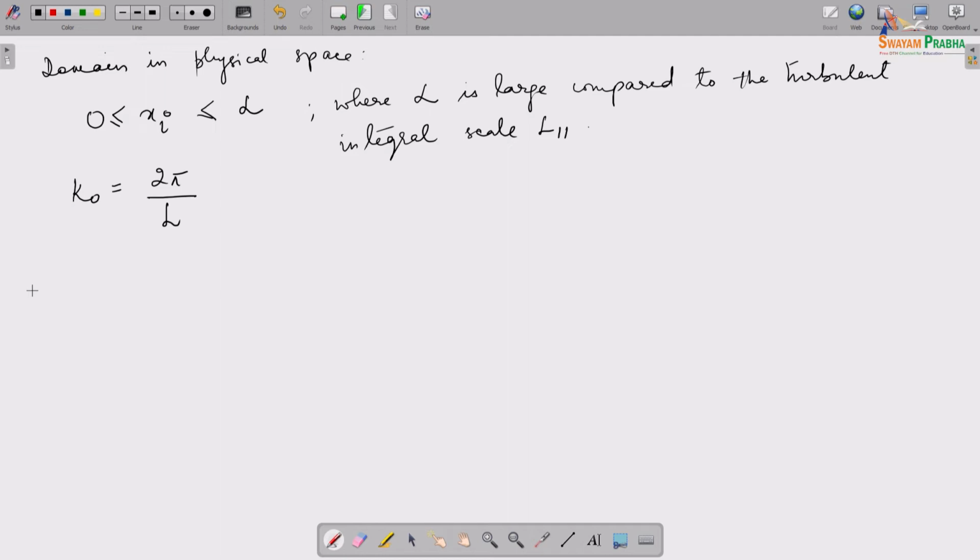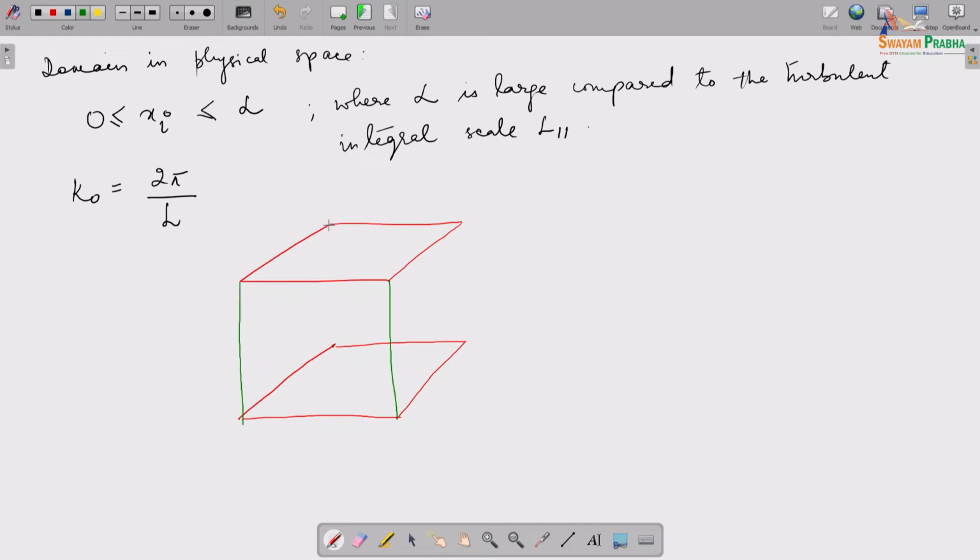Let me draw that actually, why not? Let me draw the space here.